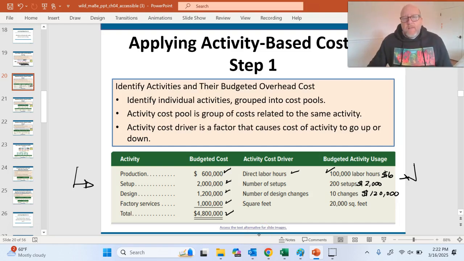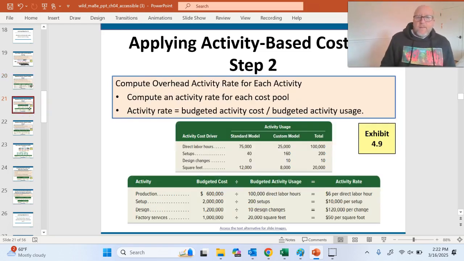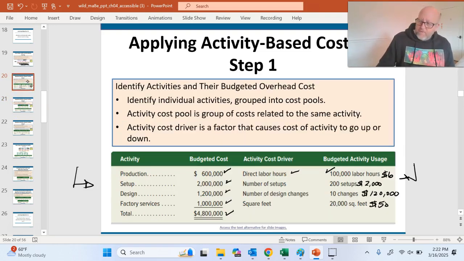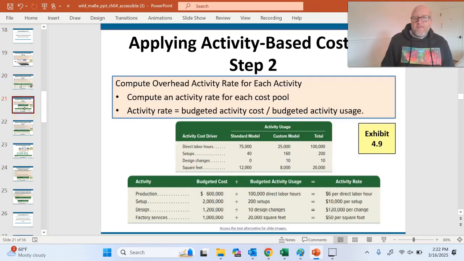And if I've got 20,000 square feet, then I could allocate, you're going to kill me, but is that not $5 per square foot? Okay, fine, fair enough. I did the math wrong. It's 50. But I think I did everything else right. Right? This is what they are doing.